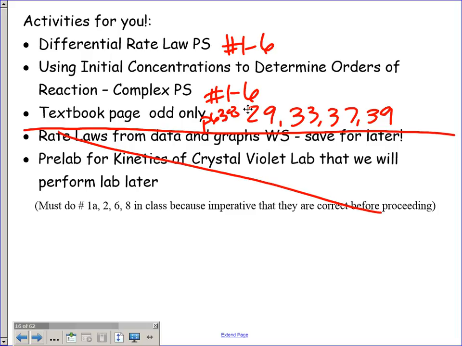Page 5, it says using initial concentrations to determine orders of reaction. Let's do a hard one. Number 6 is interesting, but let's do number 4.